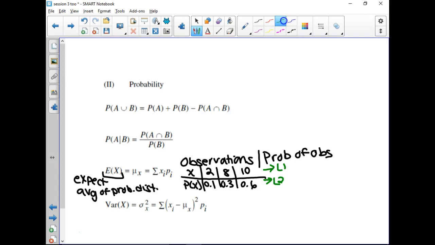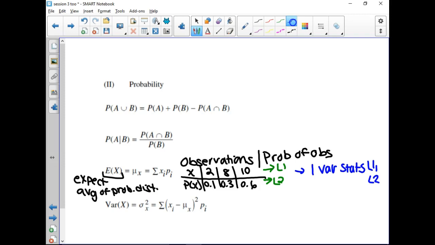Okay, so when I have this in my calculator, you should have L1 and L2. Then what you want to do from there is go to one variable stats and hit enter. If you have the old calculator, you put L1, comma L2. If you have the new calculator, it should say list and then frequency list.